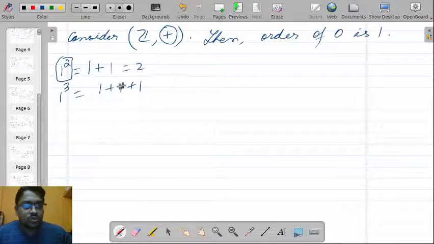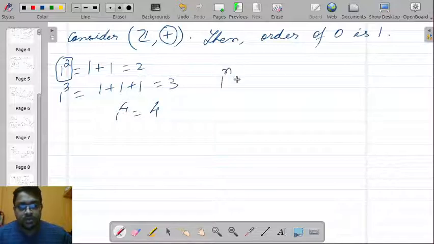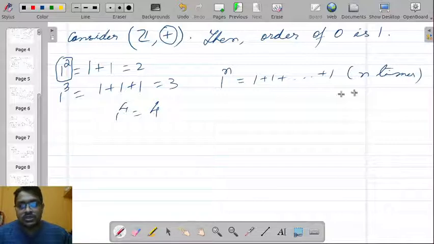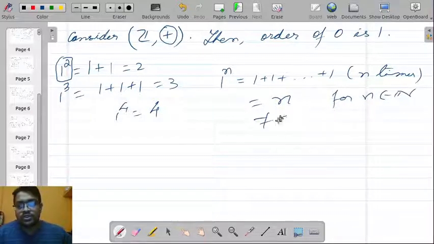So it's 2. 1 cubed is 3. 1 to the power 4 is 4. That way 1 to the power n is equal to 1 plus 1 plus dot dot dot, up to 1 added n times. So this gives you exactly n, for n a natural number, which is non-zero.